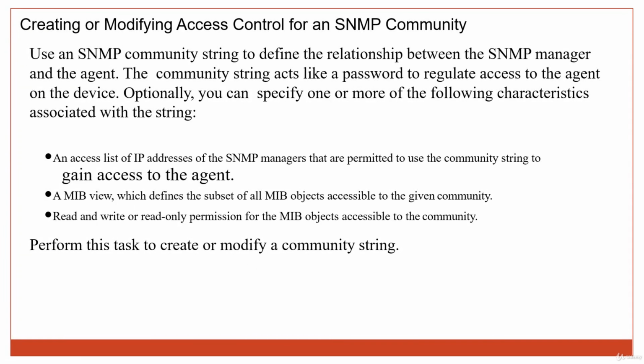The prerequisite is that we should follow at least these three things: who is the manager, and we can put those managers in an ACL, and what type of roles they have, like read only, read write, etc. Then if we want to cut down the SNMP MIB view, just to protect against giving too much information.